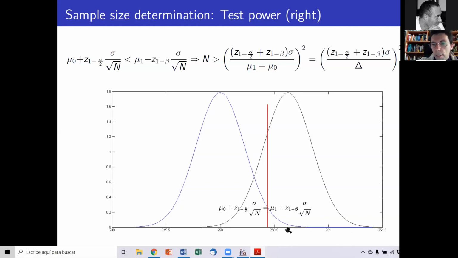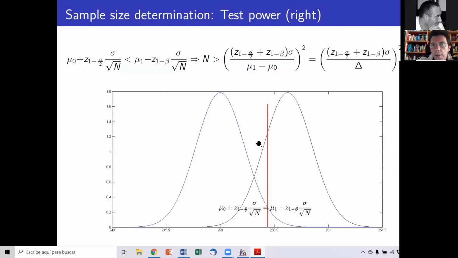So observing 250.6 would be the most likely result, but observing 251 would not be very unlikely, and observing 250 is very rare. So let's go back to the null hypothesis. So yeah, you have a question? No. Okay, so let's go back to the null hypothesis.